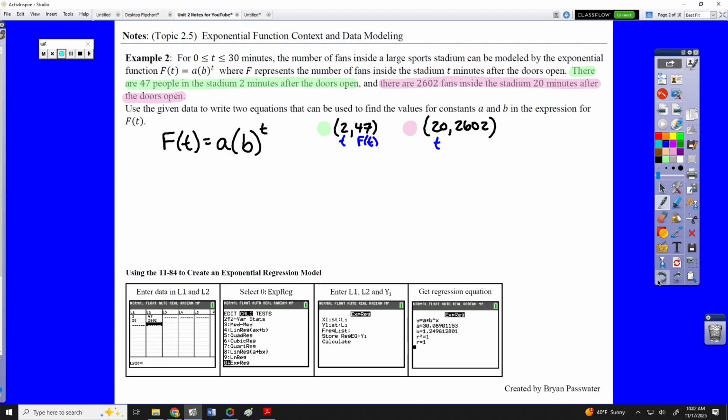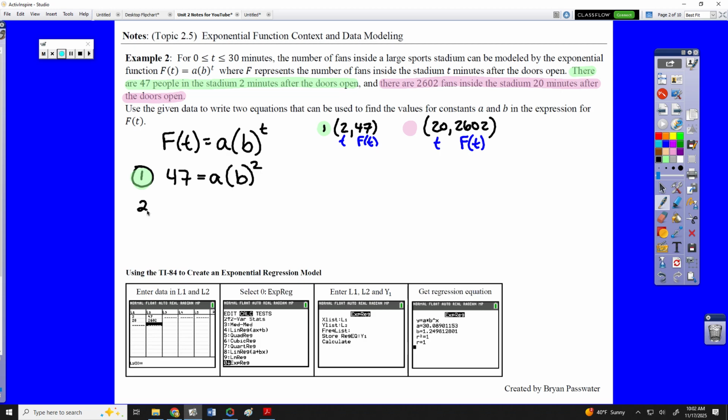Okay, so in both cases, we can take these points and plug them into the function for t and f of t, which generates two equations. The first equation uses the first point. So we would take that point, the green point, and plug it in for t and f of t, which means we would have 47 equals a times b to the second power.